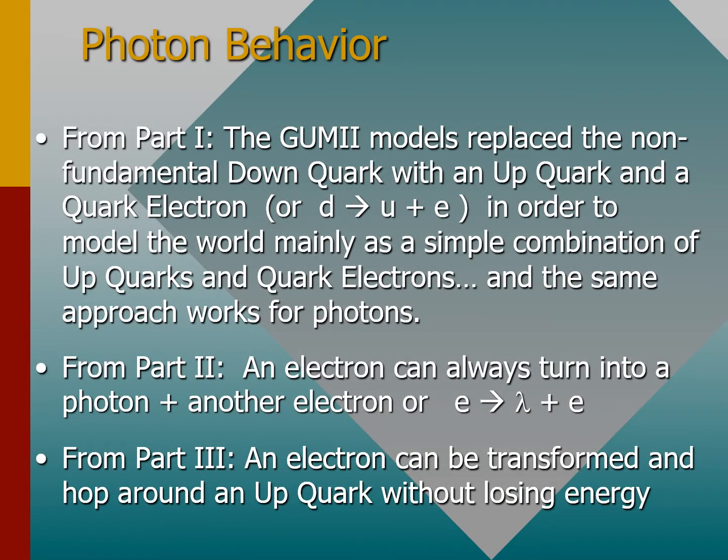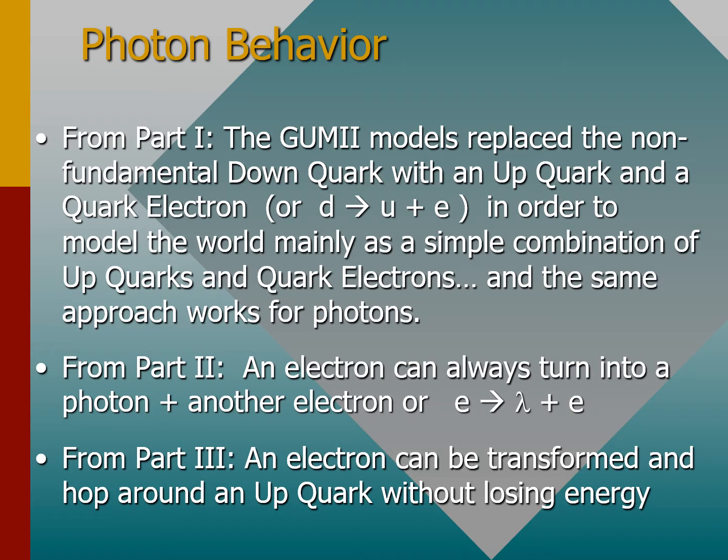In this next slide, we start with our knowledge of the gummy models from Part 1. We know that a down quark can change into an up quark and a quark electron. From Part 2, we use our knowledge that an electron can always turn into a photon and another electron, as for example when an orbital electron drops down to a lower energy shell.